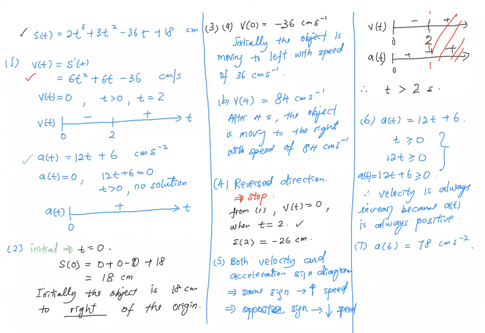Okay, now I'm going to explain part 8. This is very important. So I go to the next page. Okay, part 8. Find the total distance traveled by the object in the first 3 seconds. First I want to talk about what you mean by first 3 seconds.